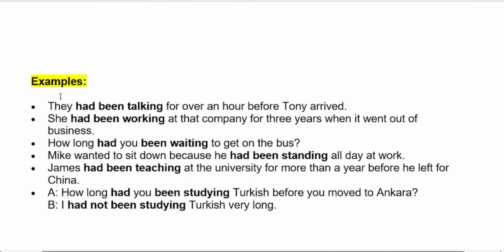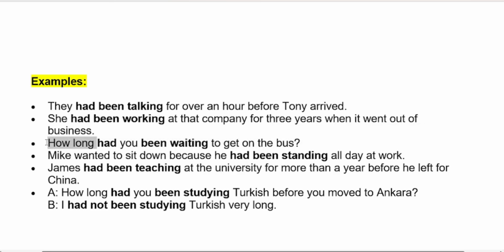The next part, examples. There are some examples, right? They had been talking for over an hour before Tony arrived. This is past perfect progressive tense. She had been working at the company for 3 years when it went out of business. How long had you been waiting to get on the bus? Look at this part.